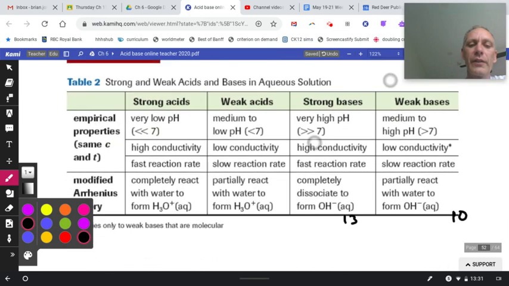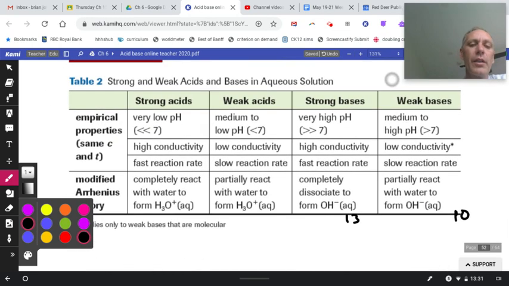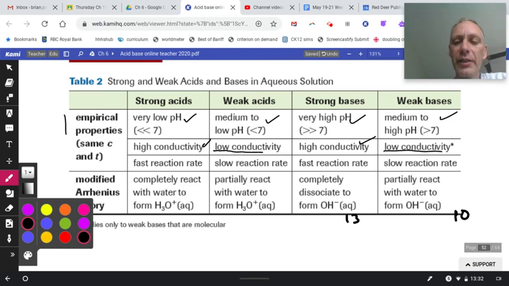Okay, this chart is a nice summary of all of the empirical properties that you can observe. So you can measure the pHs. You can measure conductivity. Strong acids and strong bases are high conductivity. Weak acids and weak bases are low because they have only a small percentage of ions, less than 50% ions.